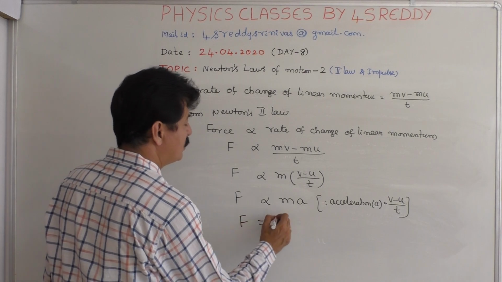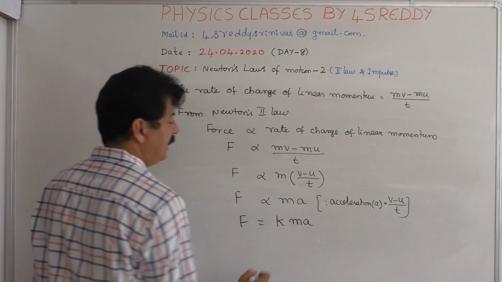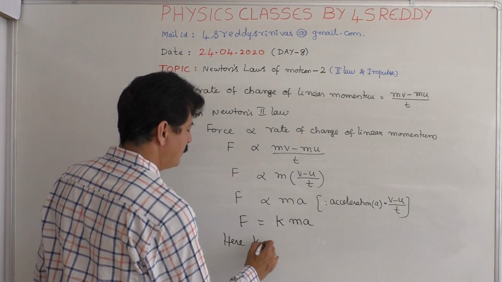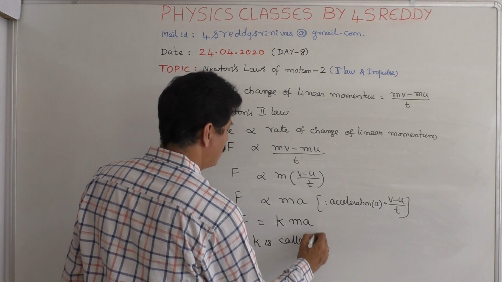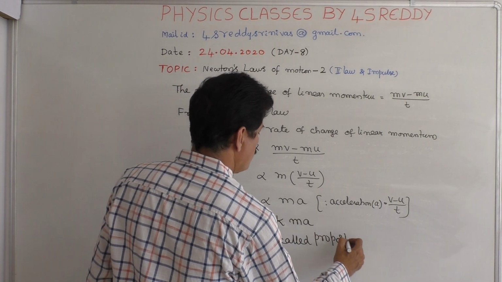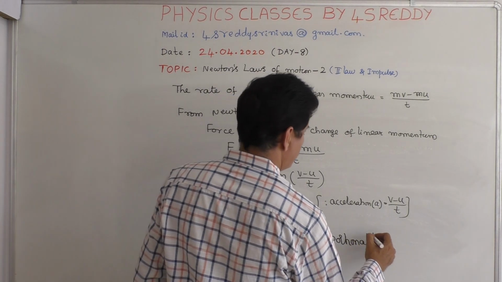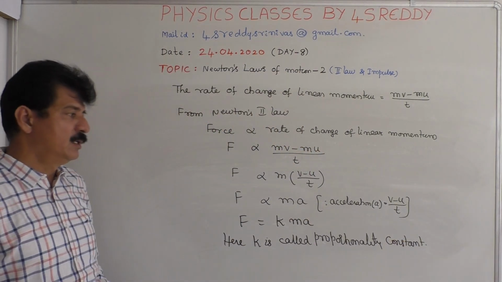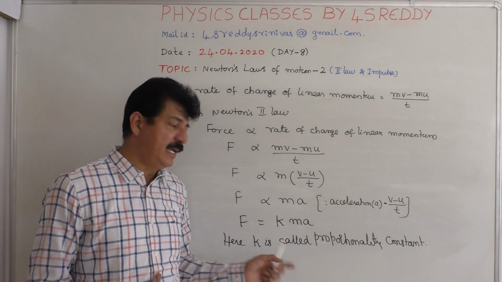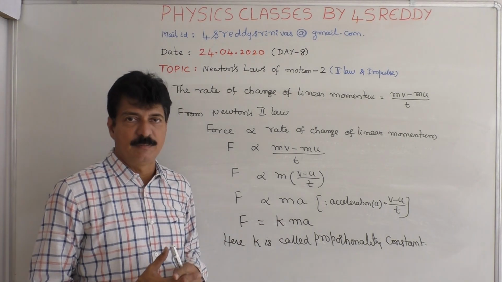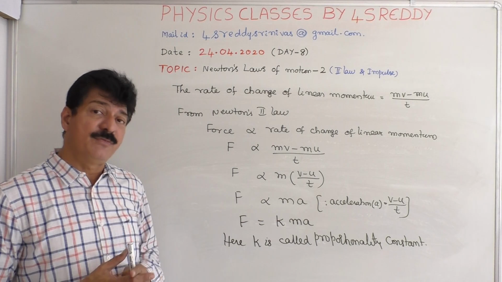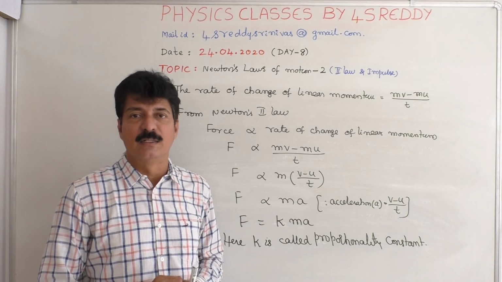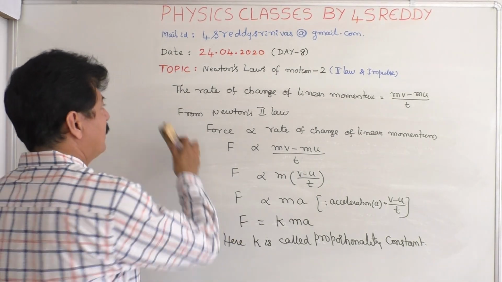Therefore, F equals a proportionality constant k into ma, where k is called the proportionality constant. But here we have to derive F equals ma, which means k should be equal to 1.